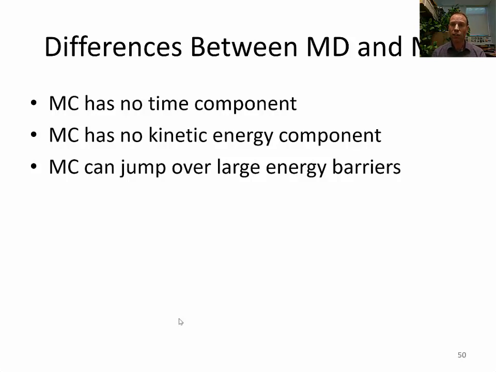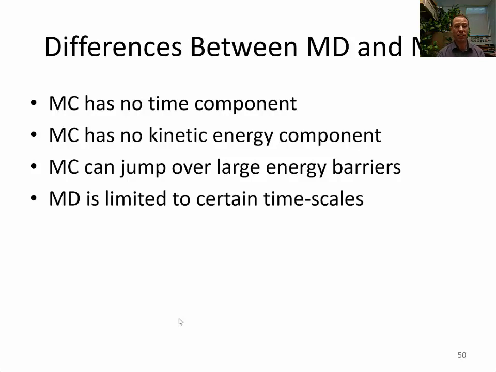Monte Carlo can do this, but molecular dynamics can't necessarily, because if it's a high energy barrier, it will require a long time before it has enough energy and the probability of going over this barrier. So Monte Carlo can actually explore potential energy landscapes faster than molecular dynamics.